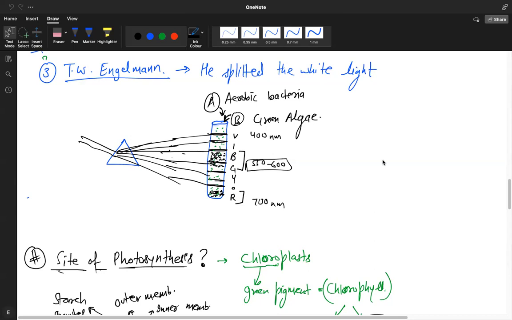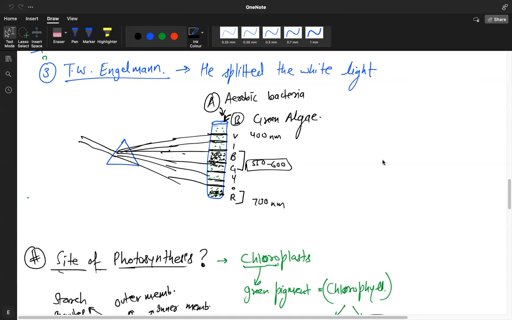So you have to write the 7 different wavelengths in the white light contain different energy. So he wanted to check at which wavelength photosynthesis is maximum. Now photosynthesis will be done by green algae which are spread throughout, but if it really depends on the wavelength, it will be different in different pockets where different colored light is falling.